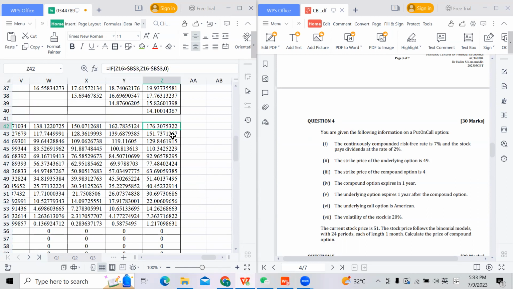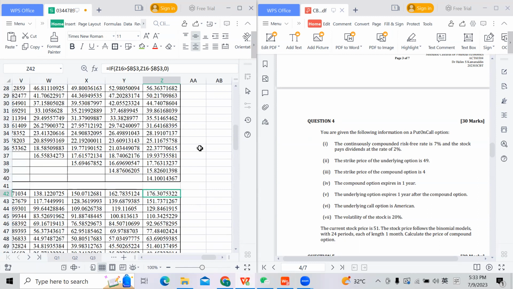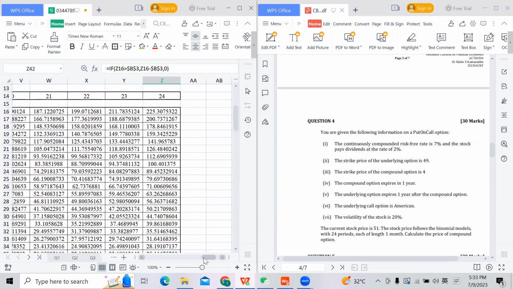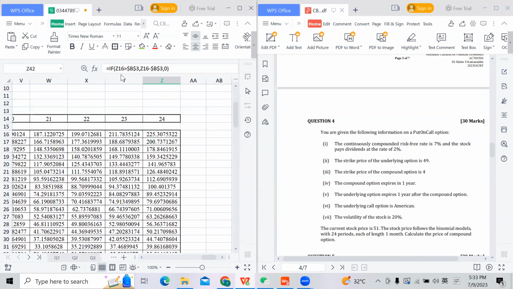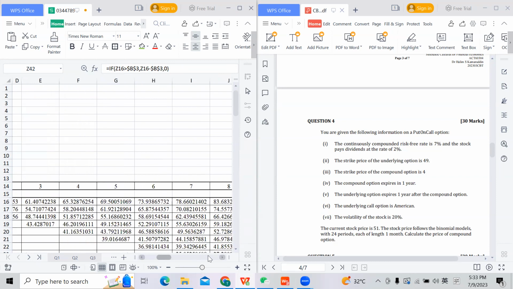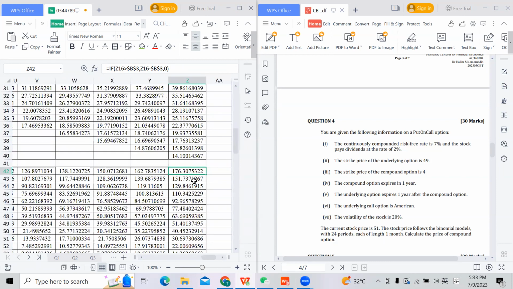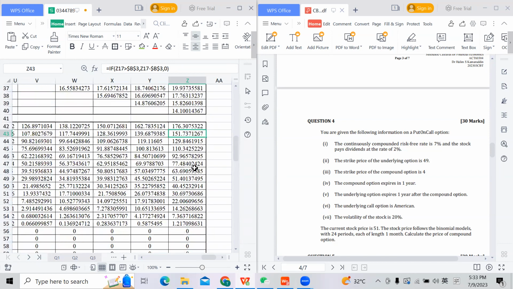To find the call price at expiry, we use S minus K: if ST is bigger than the underlying K, we take ST minus the underlying K; otherwise the value is 0. That is the formula for the last period of call prices.